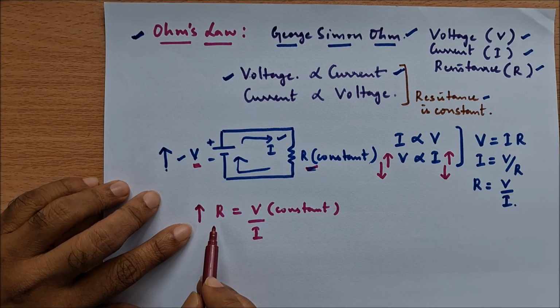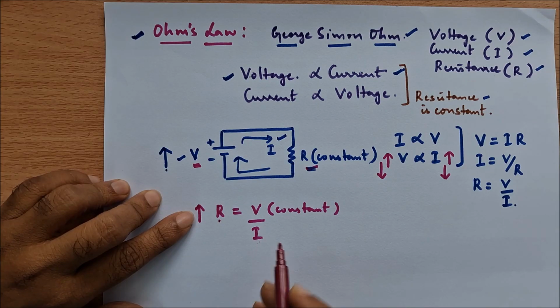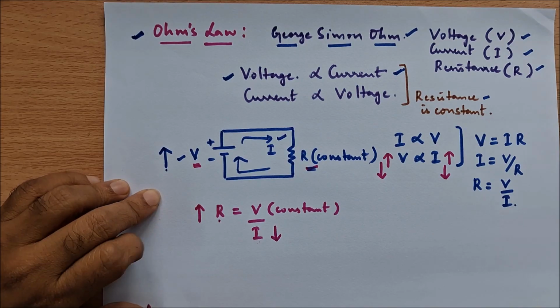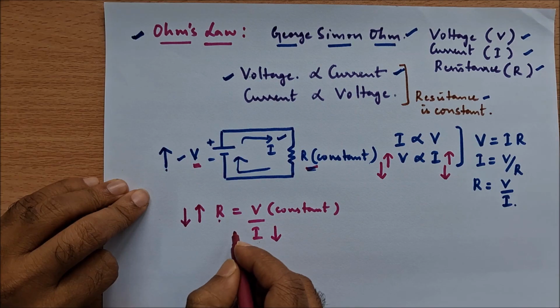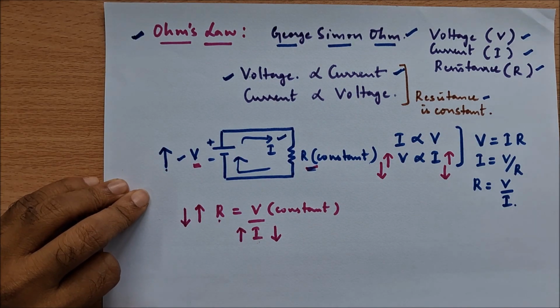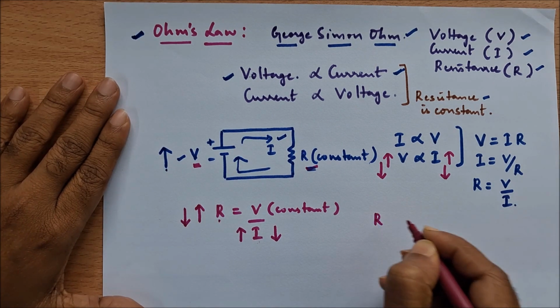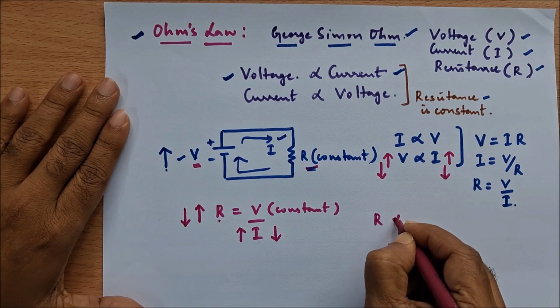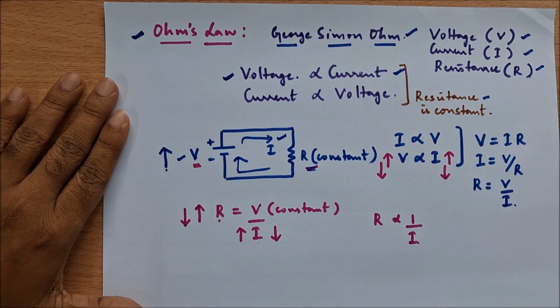We can clearly see that the resistance and the current I are inversely proportional to each other. So if we increase the resistance, then automatically the current through the electrical circuit decreases, or if we decrease the resistance, then the current always increases. So the resistance and the current are inversely proportional to each other.